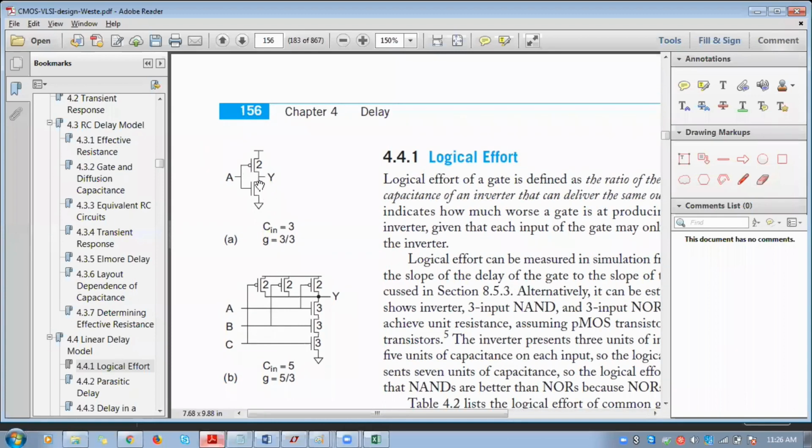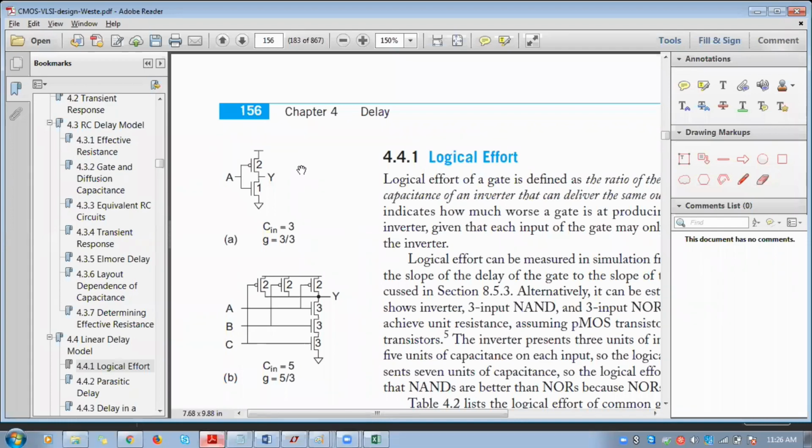Already we have seen how to calculate this K value, right? From this K value, we can see that the input capacitance of this inverter is 3. So in order to calculate the logical effort of this inverter itself, we calculate 3 divided by 3. That is 1, the logical effort of the unit inverter.